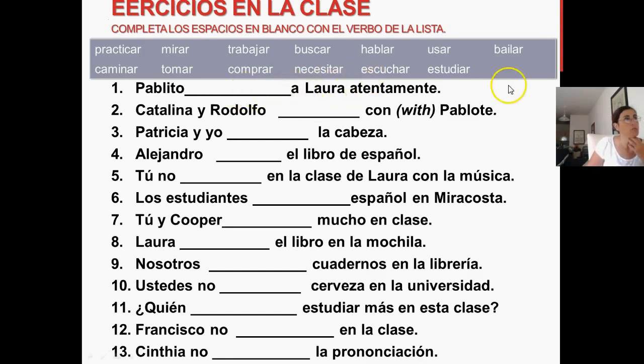So let's see which one is the one I put. Escucha. We have a Laura because the a is the personal a. We have a connection between those two people. I'm going to talk about that later. So Pablito escucha a Laura. The verb is escuchar. I took the R away and I put the ending a.